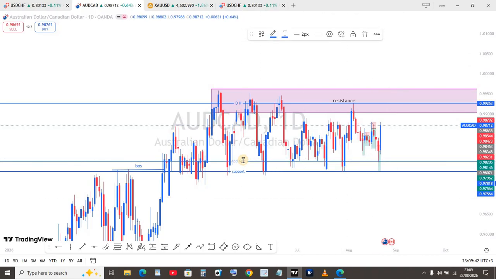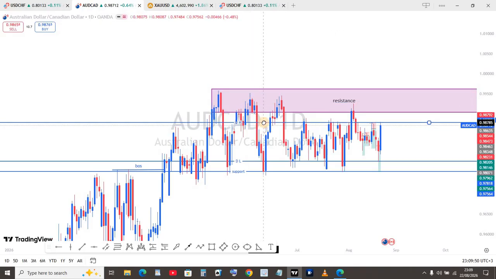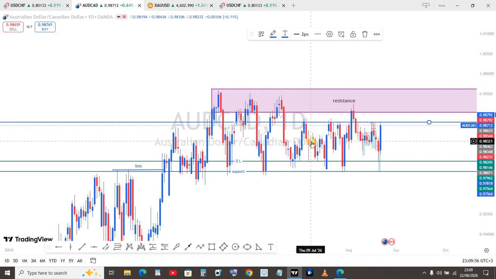So this is our daily low. Aside from the daily low, we also have a daily high, which is this one here. This is our daily high. So this daily high and daily low are in between the resistance and the support. After marking that, let me erase this.